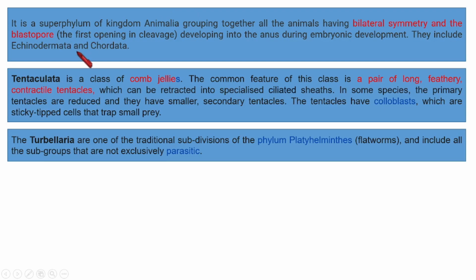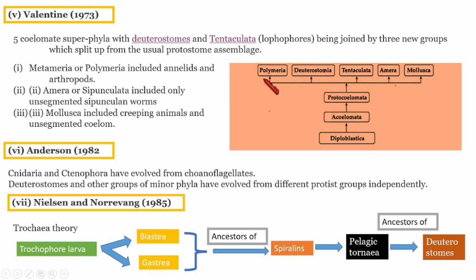So Deuterostomes are a group of animals having bilateral symmetry, and the blastopore develops into the anus during embryonic development. Anyway, I just showed you this to understand what deuterostomes are.